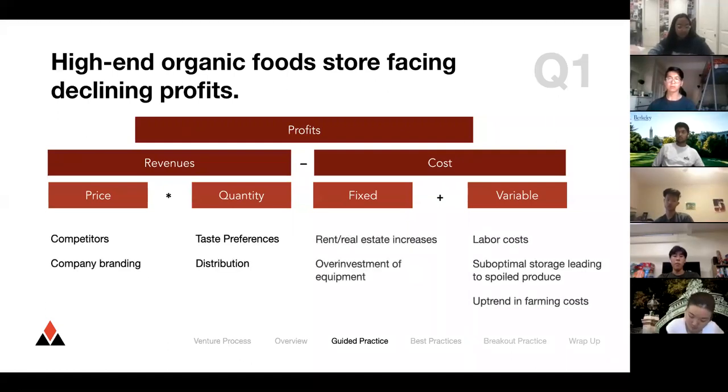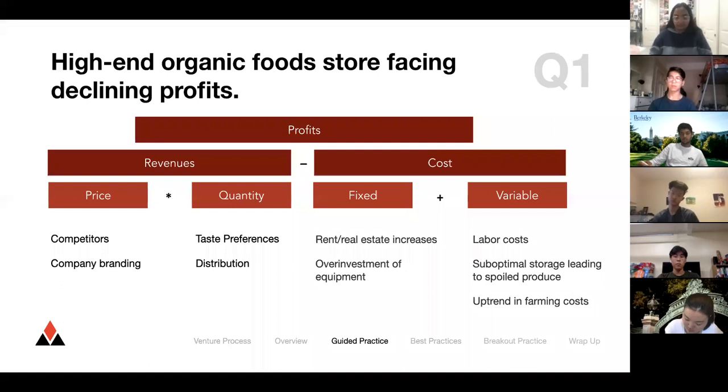So if we fill out some of these buckets, this is what a good framework might look like. Underneath price, we know that things that can influence price are competitors. What are competitors pricing their products at? And company branding. How willing are people to pay a premium in order to come to our store and purchase from us? We know that quantity also is changed by taste preferences and distribution.